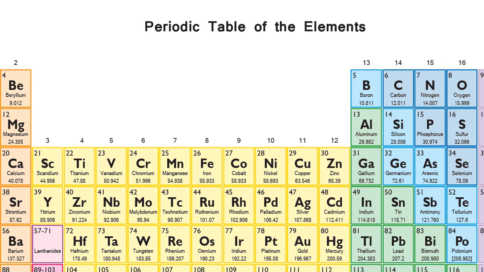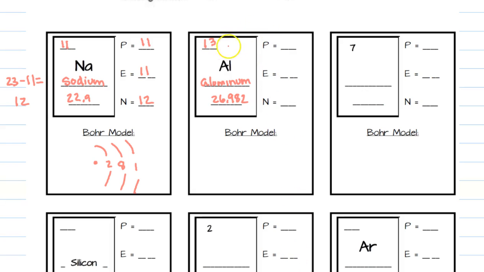So from the periodic table, we can see that aluminum has a mass of 26.982 and an atomic number of 13. So we put the atomic number in, the atomic mass, and we would put in the name for aluminum. Now, stop the video and figure out how many protons, electrons, and neutrons are in aluminum.